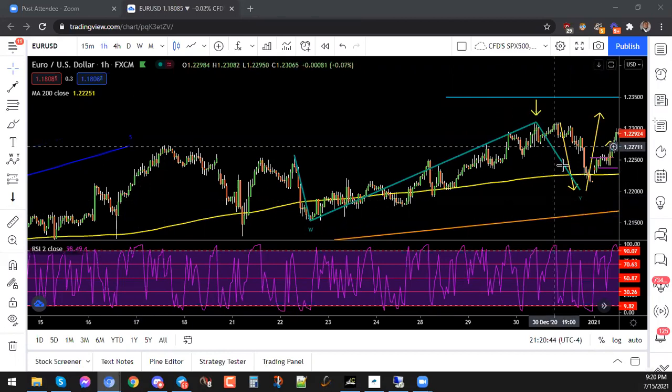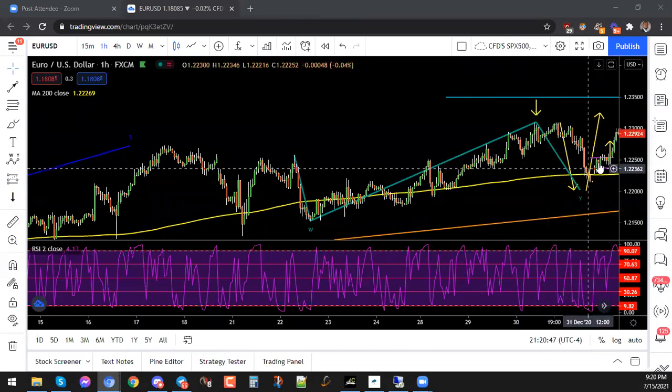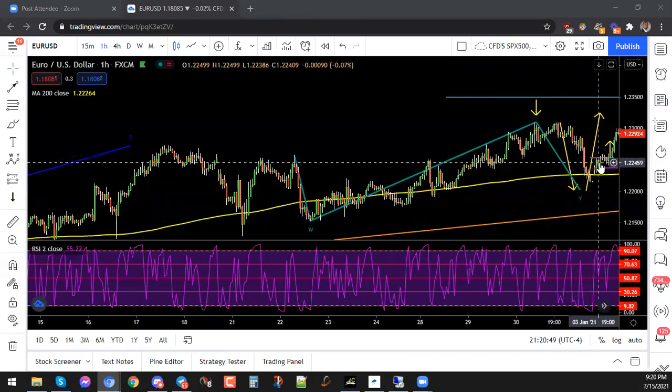All right, so back to it. As you can see here, this is around 12, which is 1900 hours, right? So that's 12 p.m. Eastern Standard. And generally, the market slows down at 12 p.m. Eastern Standard. Now, all that depends on the instrument that you're trading.